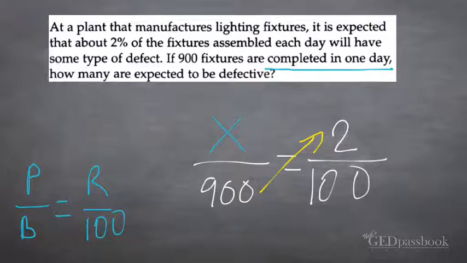So 900 times 2, which is 1600, divided by 100, which is 18. I said 1600, I meant 1800 divided by 100. My apologies. 900 times 2 is 1800. Divided by 100 is 18.